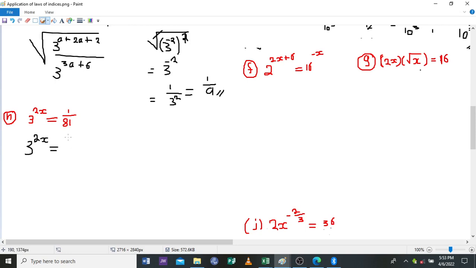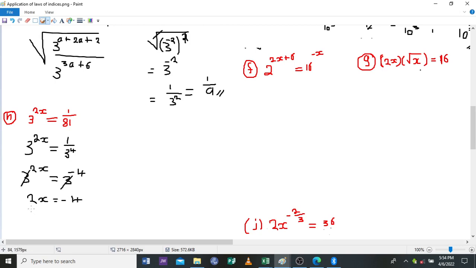Now you look at what you have here, 1 over 81. 81 can be written in index form as 3 to the power 4. Good. Now, what does that mean? That means you can have 3 to the power 2x is equal to 3 raised to the power negative 4. Now we see that the bases here are equal. So we are just going to remain with 2x is equal to negative 4.